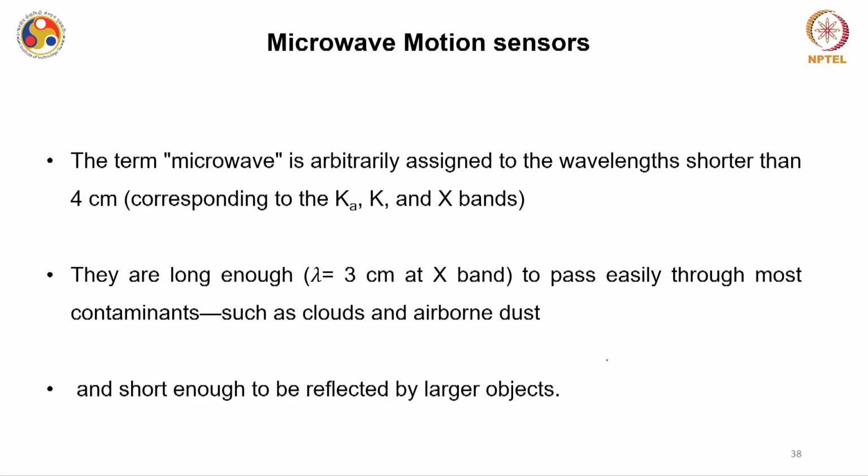So based on the microwave principle, we have microwave motion sensors which are very similar in operation to radar. If you are a microwave enthusiast, you might know how radar works. We'll see that our microwave motion sensor works very similar to the principle of radar.